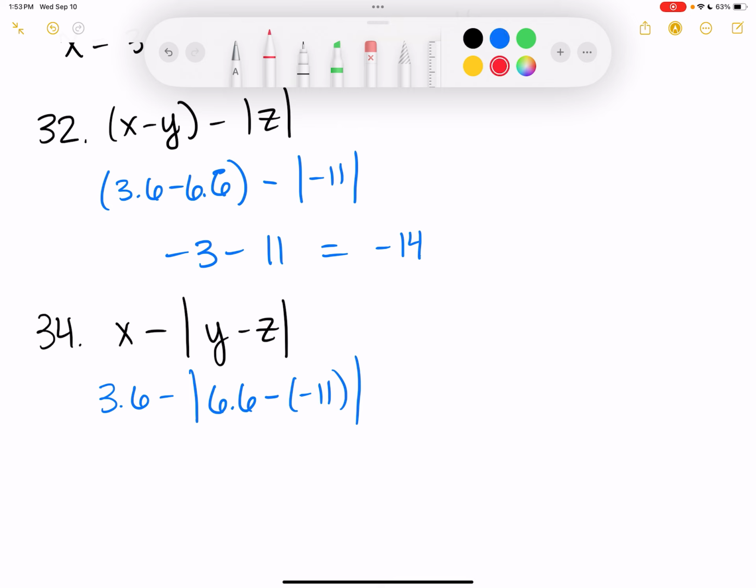Plus a plus. So what do I get inside of here? 17.6. Yep, and that's positive, so I can go ahead and get rid of the absolute value bars. So 3.6 minus 17.6 is what? Negative 14.